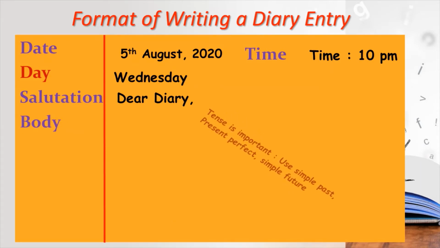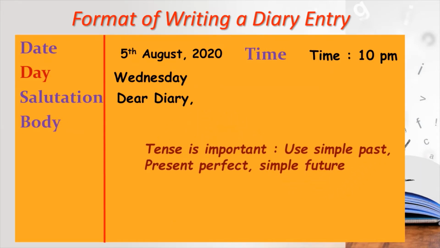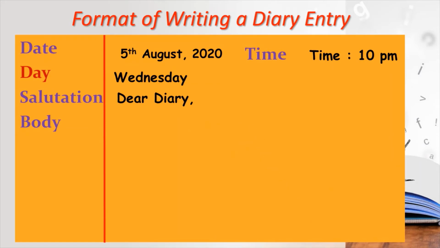Now here it's very important that you pay attention to the tense. Usually when we write the diary entry, the tense that we follow is simple past, present perfect or simple future. Once having decided that, we start with the main content of the diary entry.